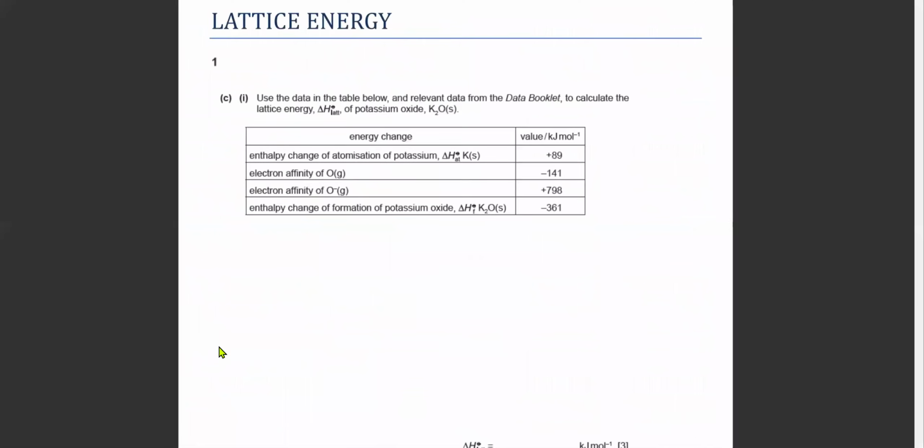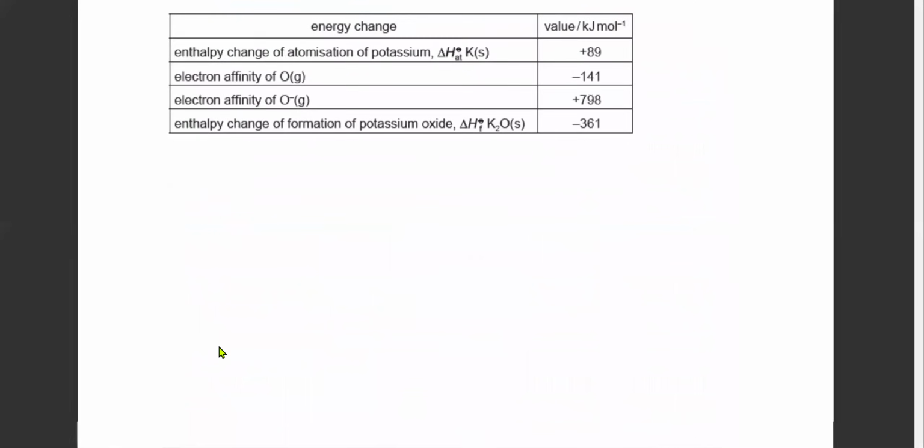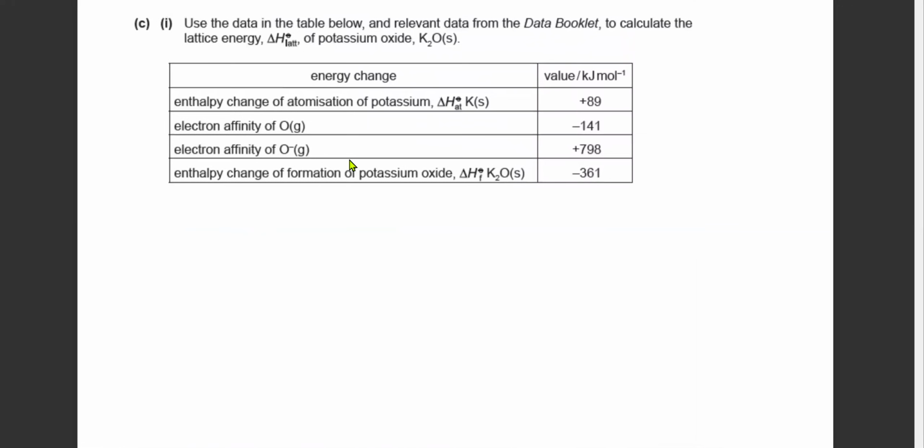So let's try and do a question. Okay, so I've got this question over here. And in the question, where's the question? So you can see the question is asking for the lattice energy of potassium oxide. So we would have to make the Born-Haber cycle of potassium oxide.